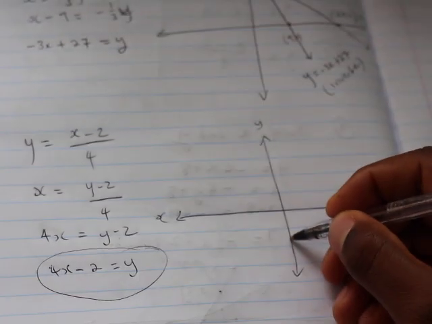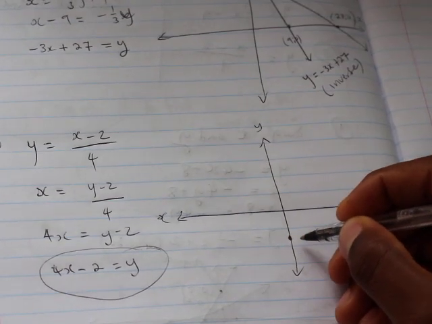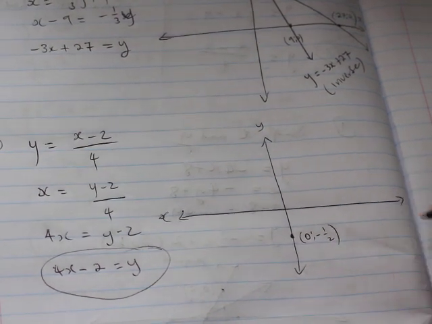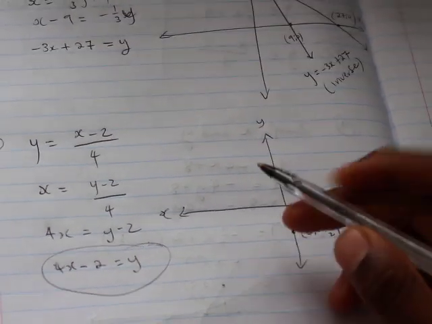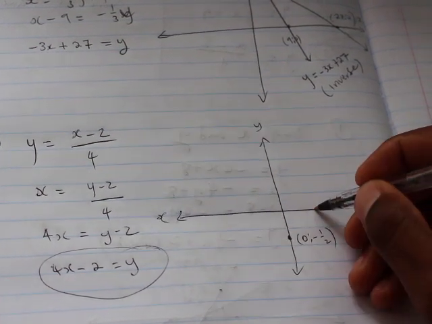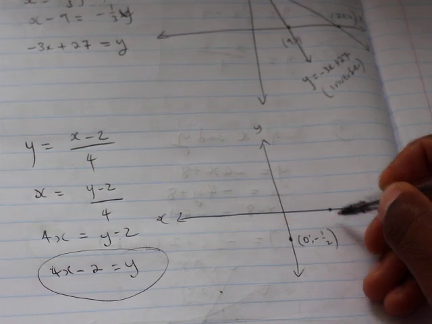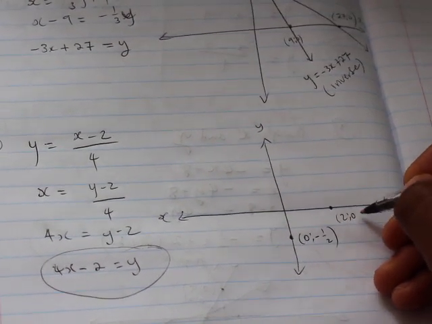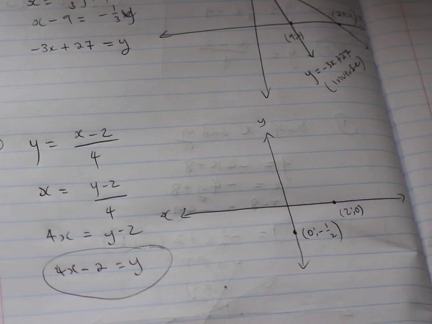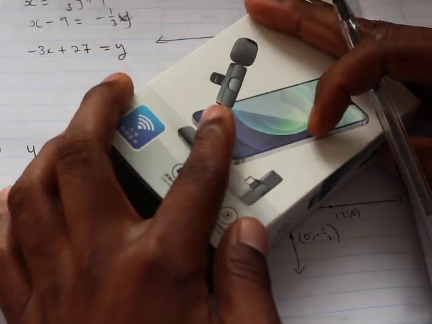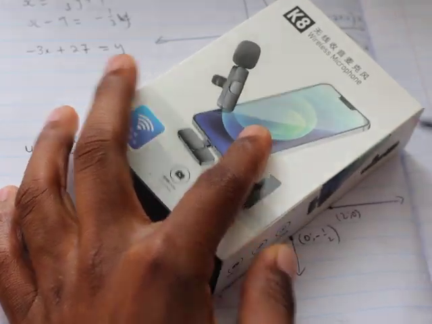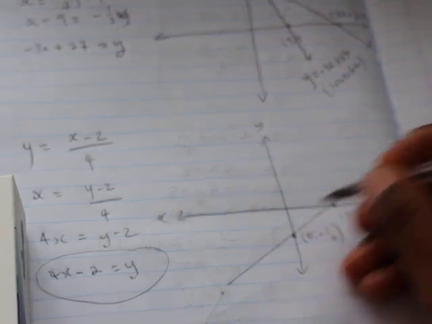That's the y-intercept, so (0, minus 1 over 2), and then the x-intercept at (2, 0). We join the two points and draw the function.